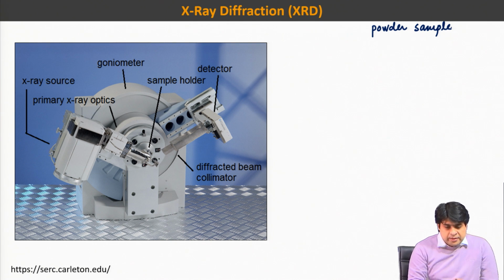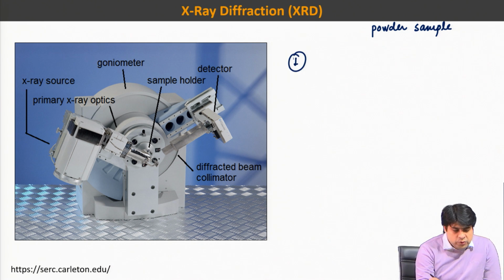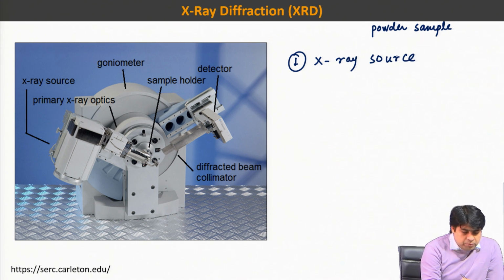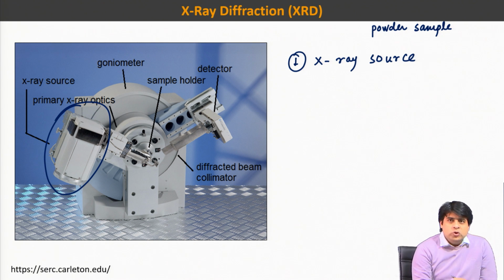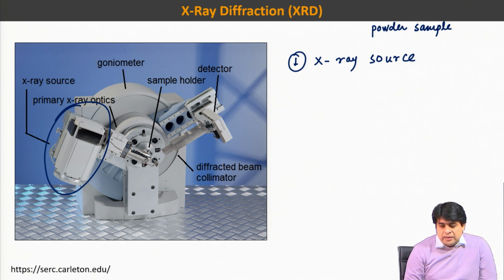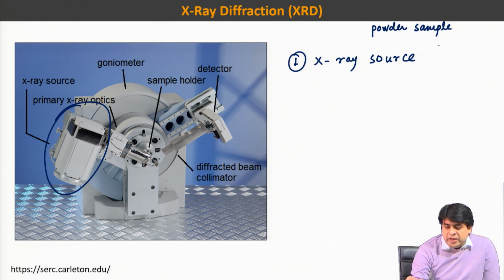So, this is the X-ray diffraction, XRD, and it has 3 different parts. The first part is your X-ray source, which is present here. It will produce X-rays, and in this particular X-ray diffractometer we use a fixed lambda value.